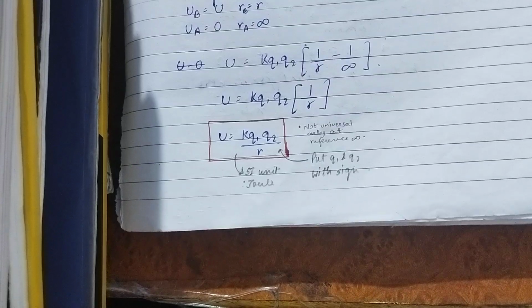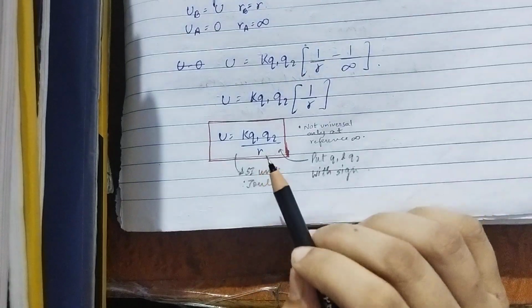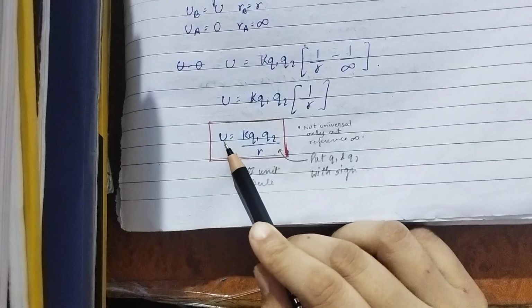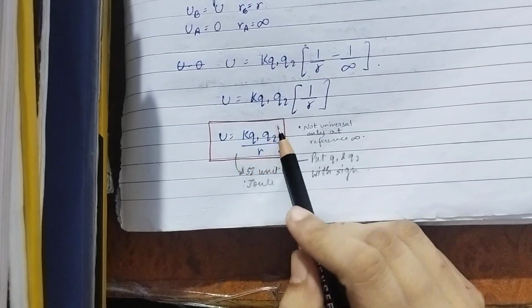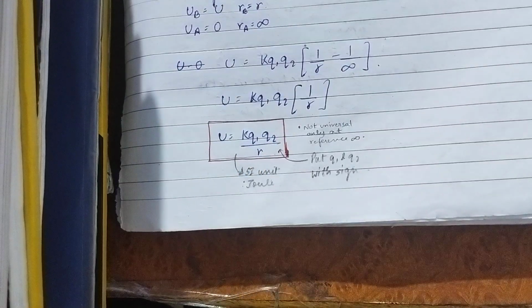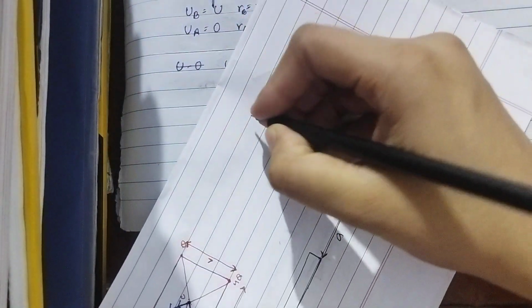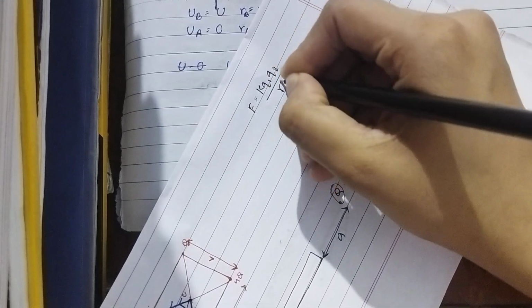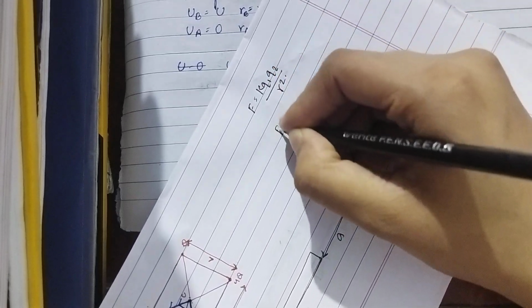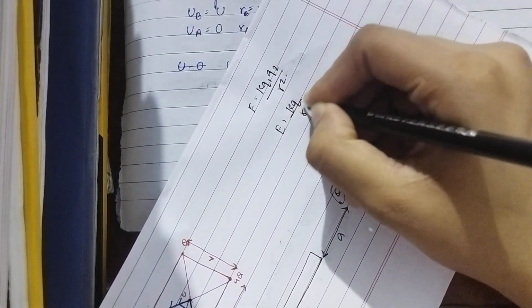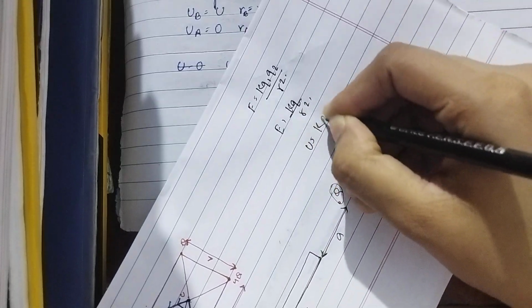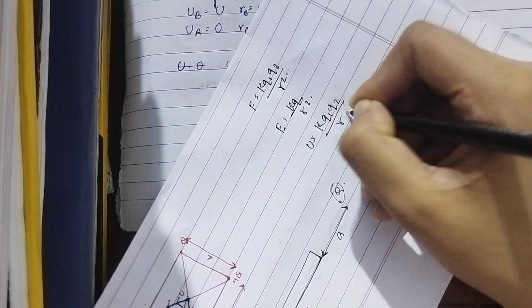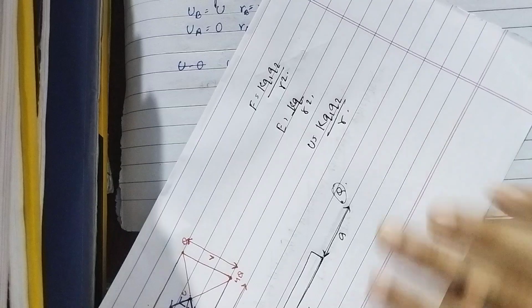So what all formulas do we have till now? And again, remember, another thing will come, that is V, which will basically remove one Q from here. So the main formulas that we have learned till now are: force is equal to K Q1 Q2 by R square, E is equal to K Q by R square, U is equal to K Q1 Q2 by R. Okay.